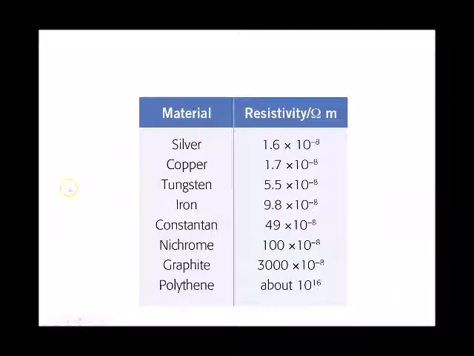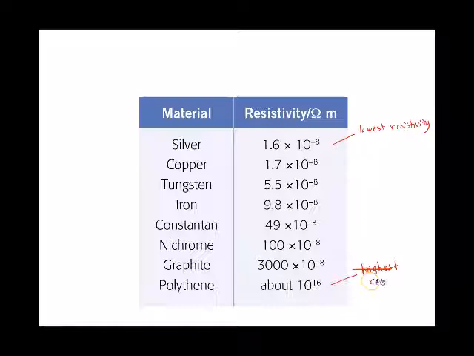Alright, so this is a table to show you the different resistivity of the different materials. Okay, silver has the lowest resistivity, right? Which means that it allows more of the current to pass through, while polythene has the highest or largest resistivity.